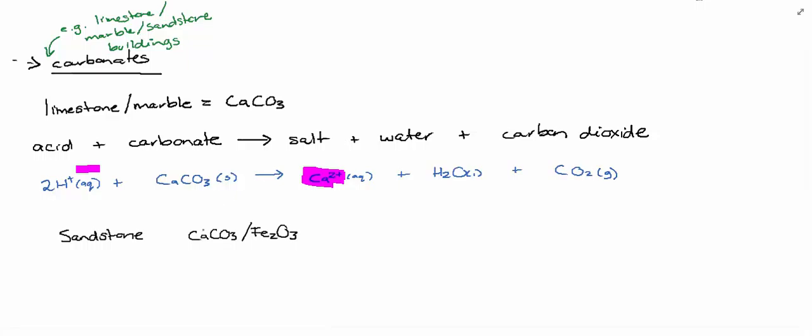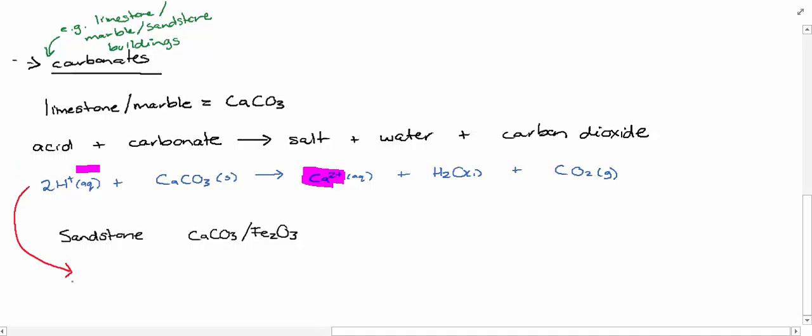Now, while sandstone is primarily composed of quartz, the quartz grains are held together quite often by either calcium carbonate or iron oxide. So if you've got calcium carbonate present in the sandstone, it is going to react exactly the same as this reaction here.